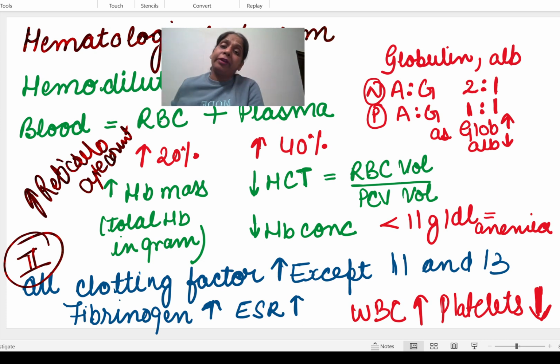In a similar way, in the proteins also, there is an increase in the total proteins, but the protein concentration decreases, just as in the case of hemoglobin. The total RBCs have increased, but there is a decrease in the HB concentration. In a similar way, the total proteins increase, but the protein concentration decreases.